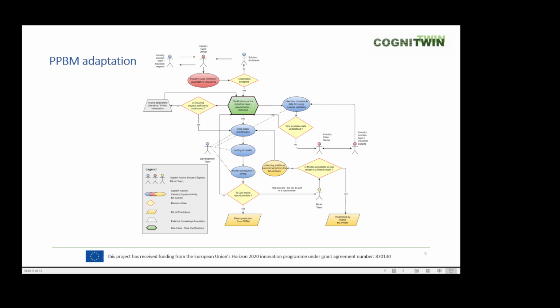So basically from here we can activate both loops, both the left and the right upper loops. And if the model can reproduce the data, then we have a model that we can start to use. We have a direct prediction from the PPBM model.